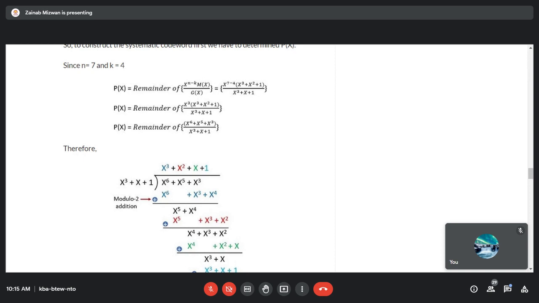Are all of you getting this? Now the power of x is 4, so I multiply with x cube into x, which gives x raised to 4, plus x square plus x. Finally what remains is x square.